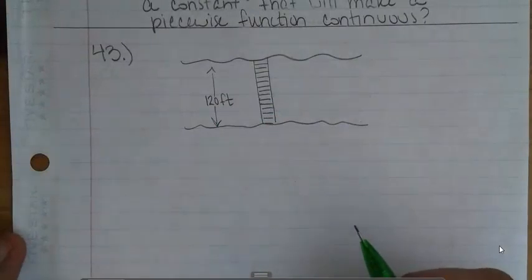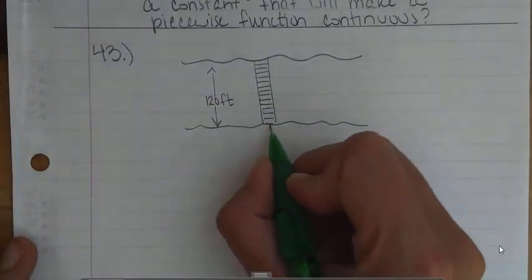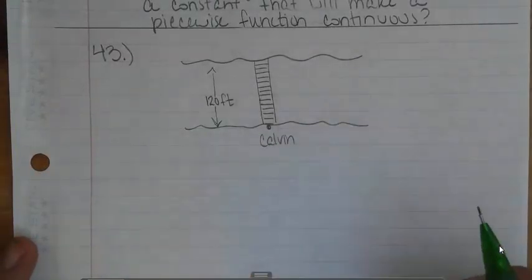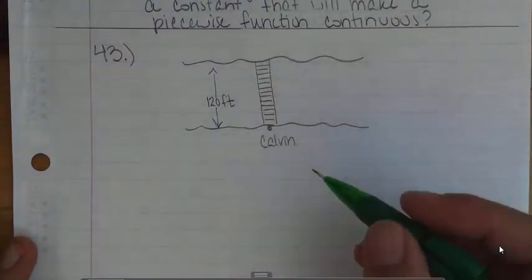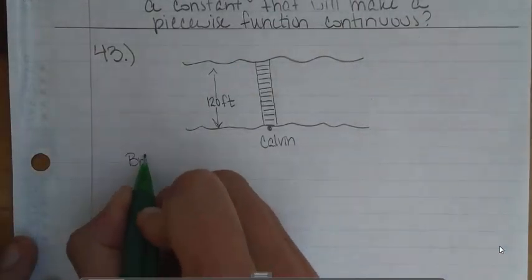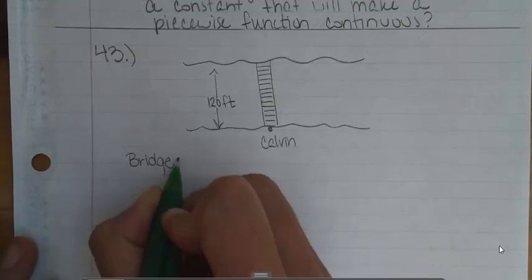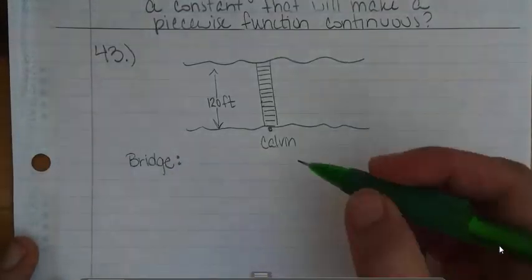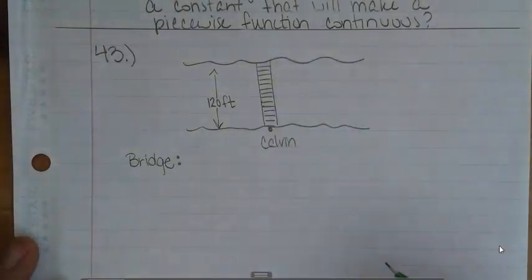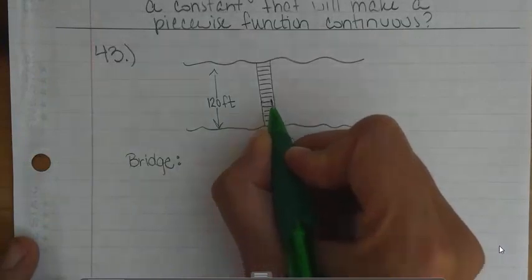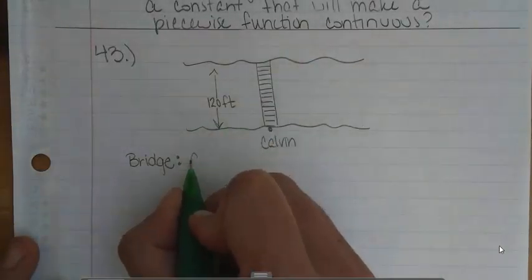And Calvin has a couple of choices. So here's Calvin right here. He can cross the bridge. That's one option. If he crosses the bridge, then we're saying that the bridge goes straight across this river, and therefore the angle at which Calvin is crossing this river is basically 90 degrees with the shore.